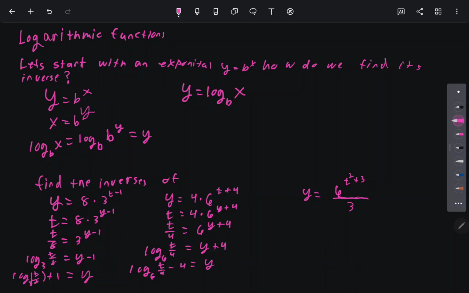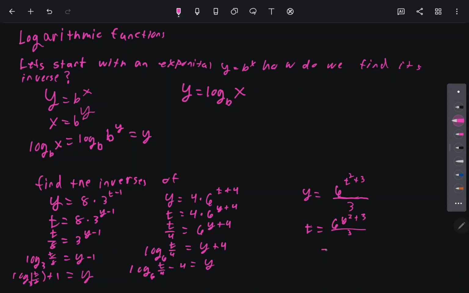Now for this final one, we can already tell it won't have an inverse, but let's try it. So t is equal to 6 to the y squared plus 3, all over 3.